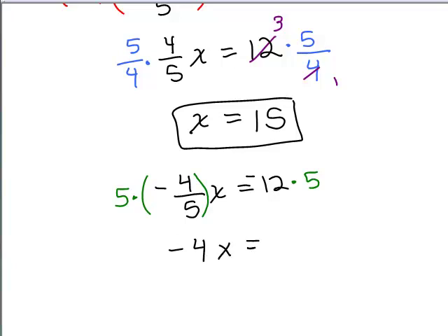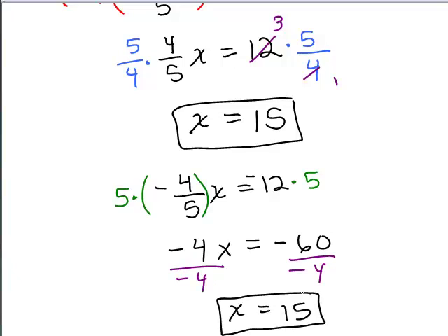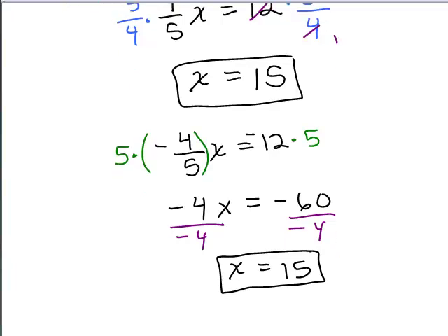So I have negative 4x equals negative 60. And then I have an equation without fractions. At this point, I could divide by negative 4, the coefficient. So once again, I get x equals 15. That's only 3 ways to solve this problem. There are more ways.